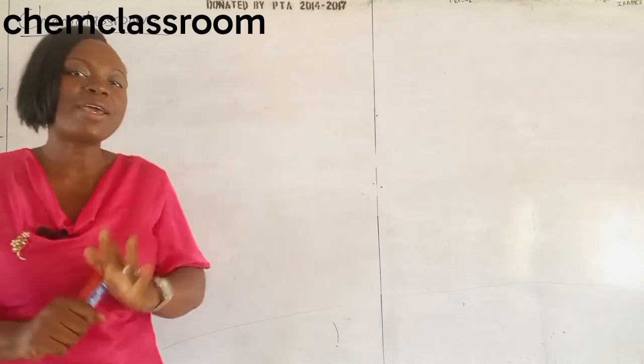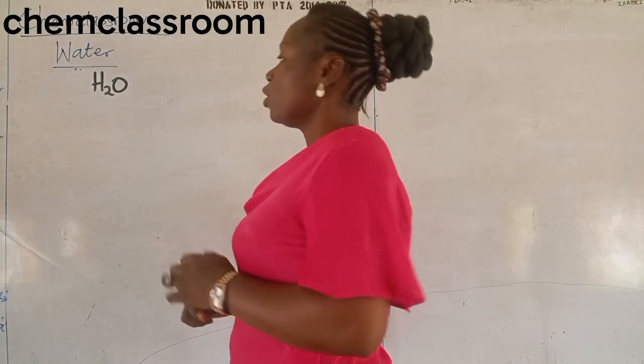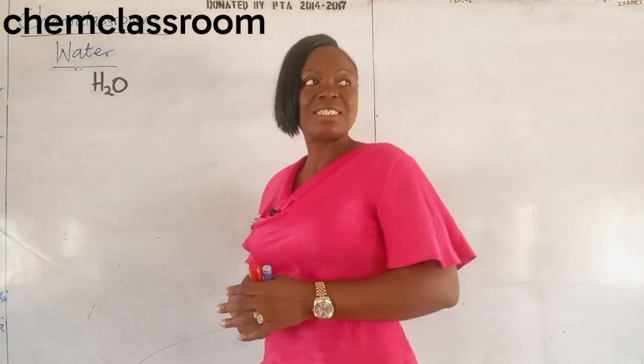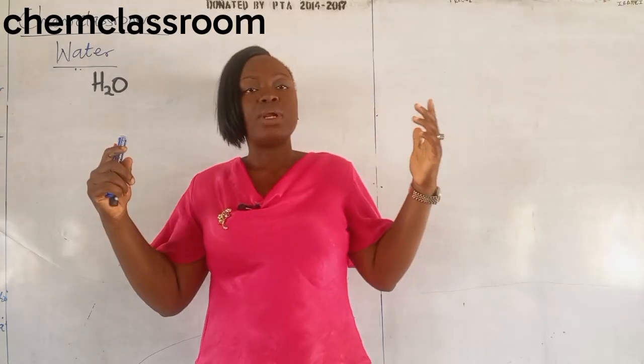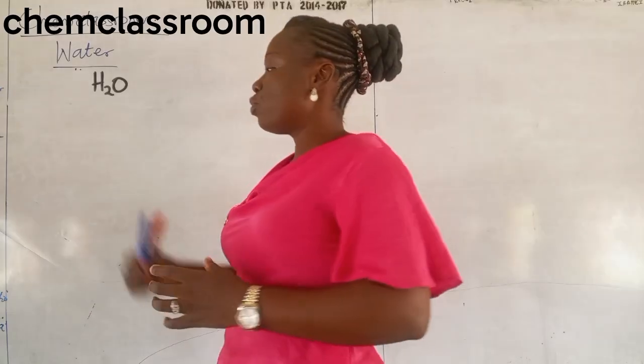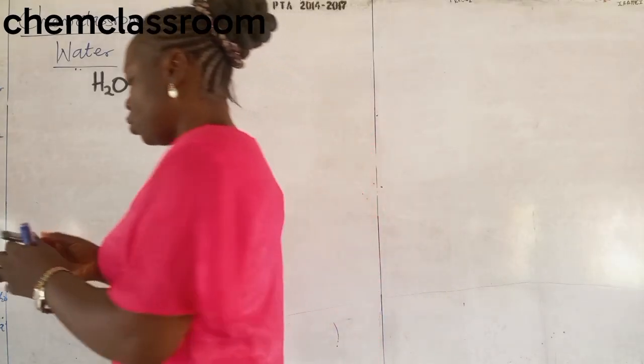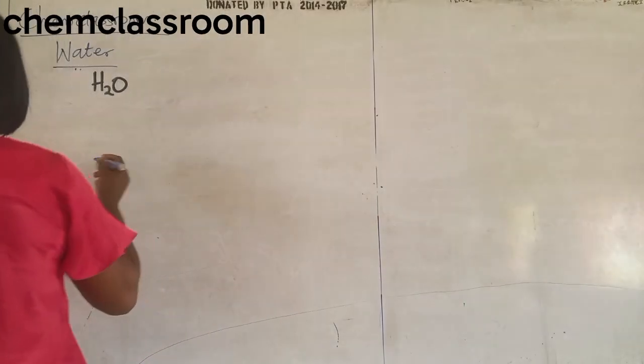Now going to the chemical properties of water. Your water can react with some metals like your sodium, like your potassium. Basically, when you react water with sodium and potassium, let me use potassium as a good example.